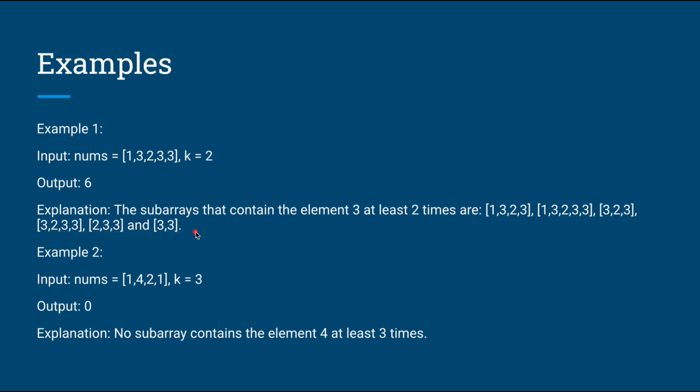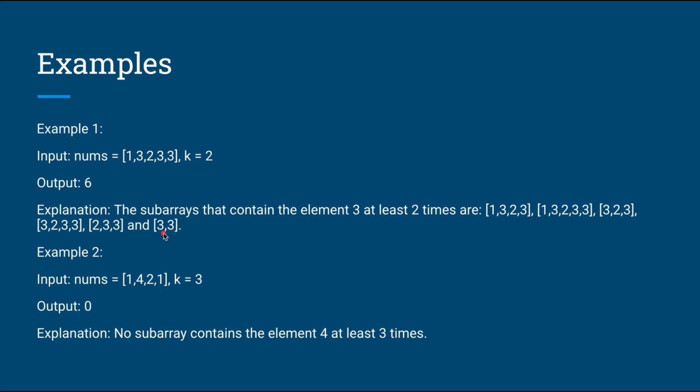How many are there? 1, 2, 3, 4, 5, 6, and so it is coming 6. The subarrays that contain 3 at least 2 times: this subarray, this subarray, this subarray, this subarray, this subarray.